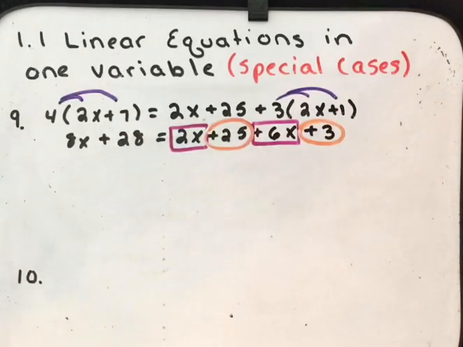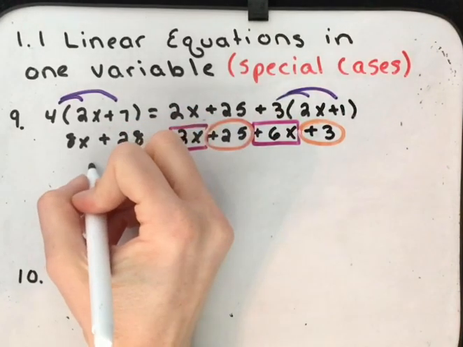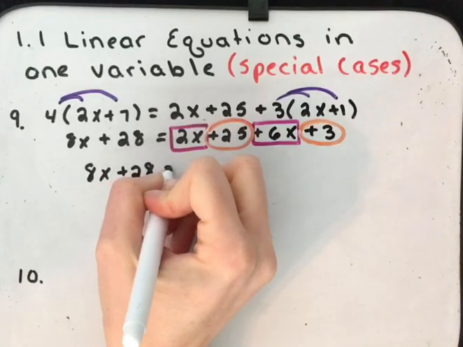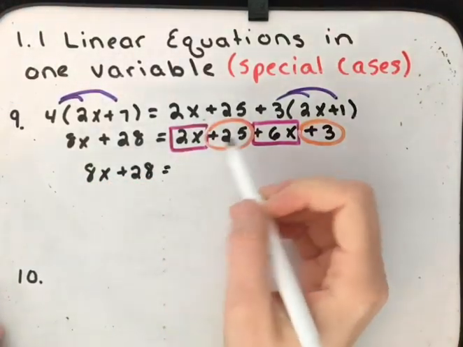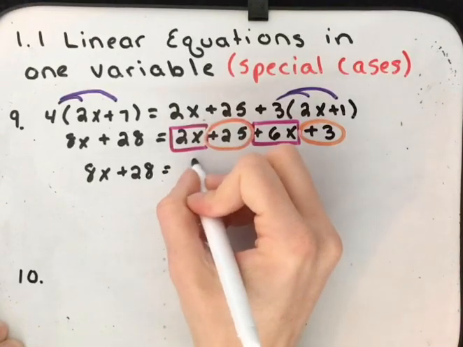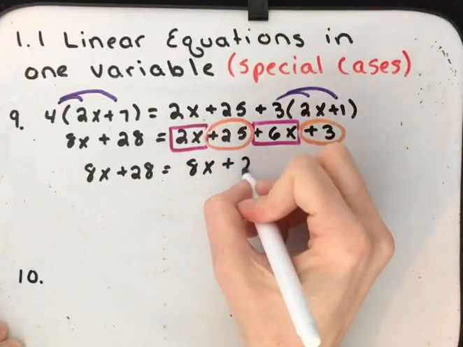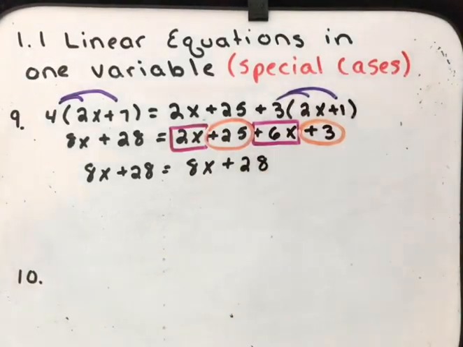So let's simplify these and clean this up a little bit. 8x plus 28, nothing changes on the left. 2x plus 6x, well 2 plus 6 is 8. And 25 plus 3 is 28. Now look at this. See how we have 8x plus 28 equals 8x plus 28?